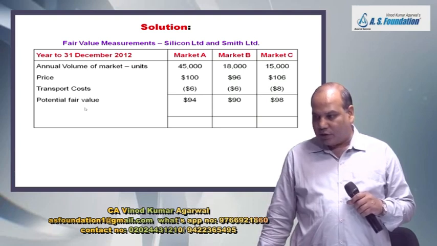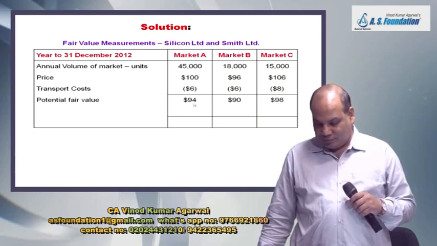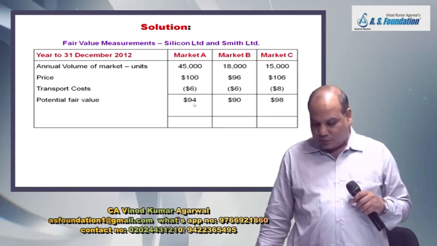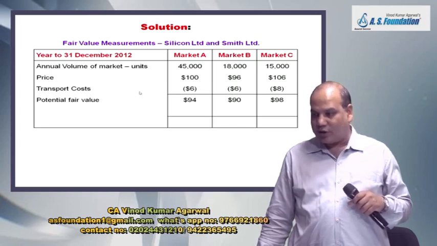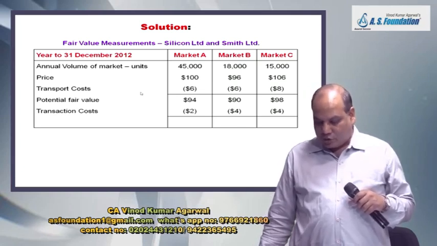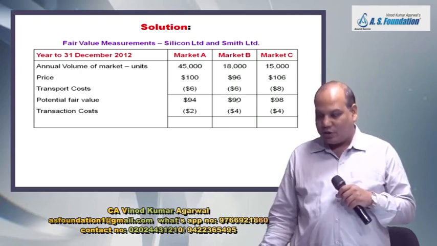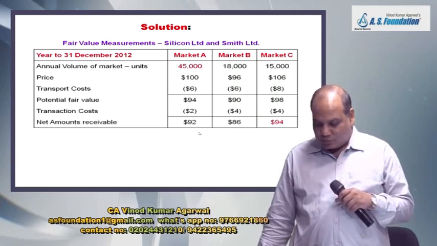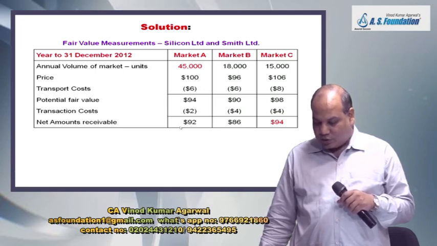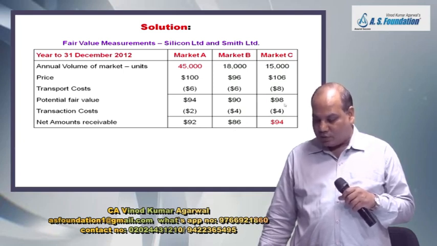Then potential fair value. Potential fair value is 94, 90 and 98 after deducting transport cost. So while preparing the answer, you prepare in this format. You don't have to make a separate working note. This will give you immediately which is the most advantageous market and what is the fair value also.